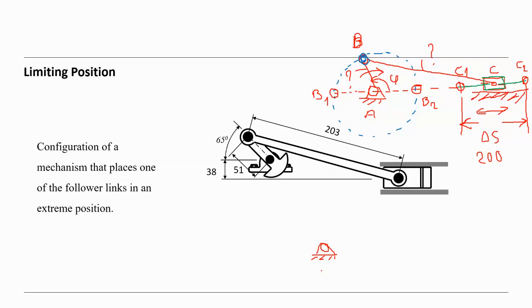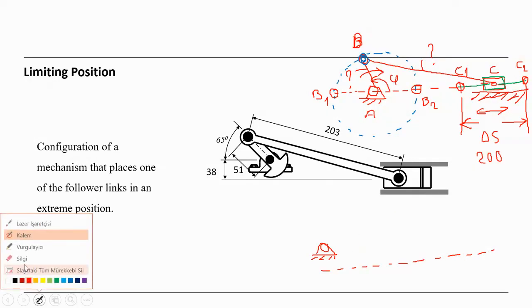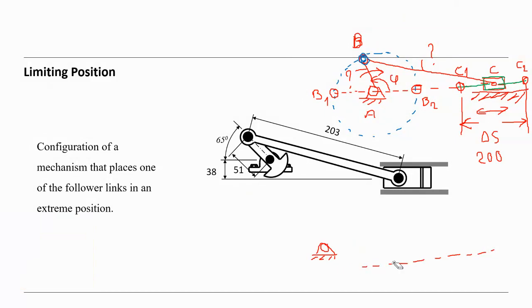And the slider undergoes the linear motion somewhere here, to be defined. This is not nice. I have to redraw it.